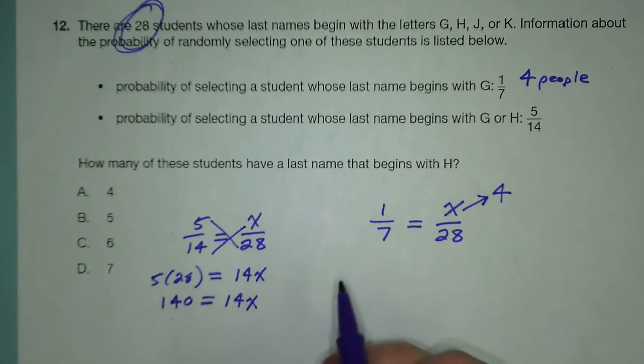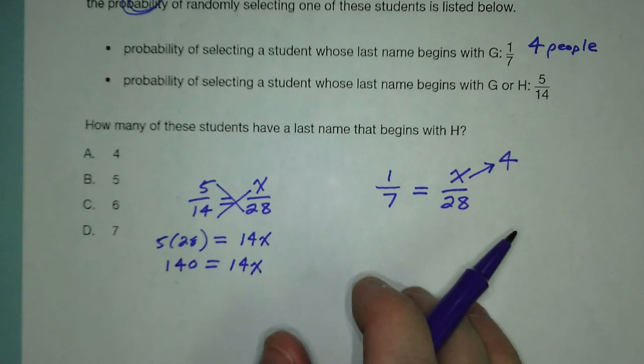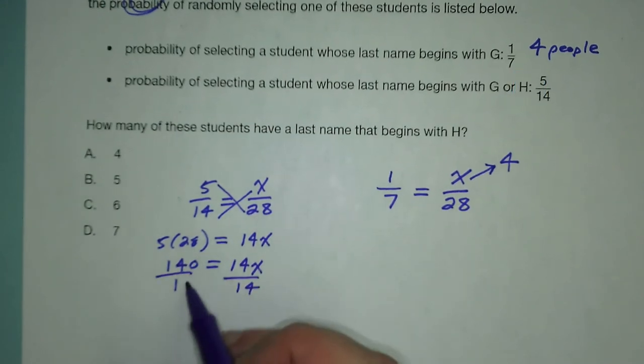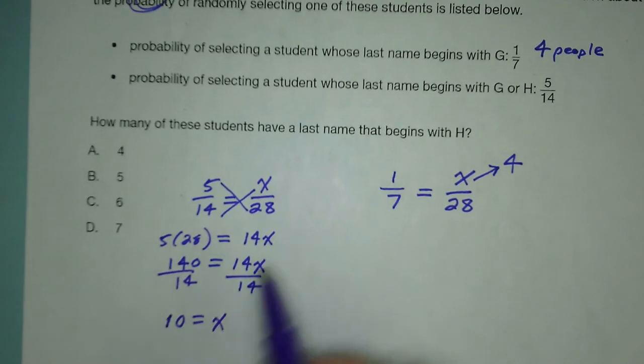Again, check your calculator if you're not absolutely positive of your mental math. Then dividing both sides by 14, I'm going to say 10, but again, don't want to be a hypocrite, I'll go to my calculator. 140 divided by 14, it's 10.